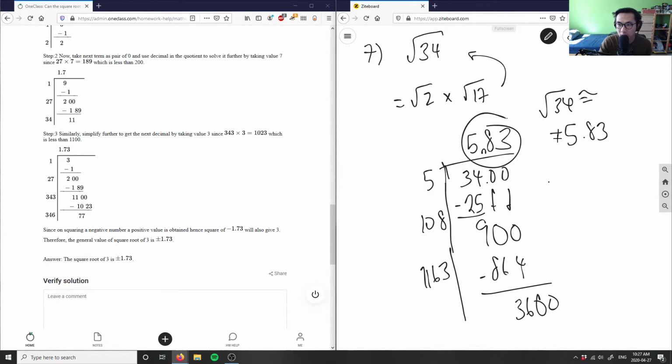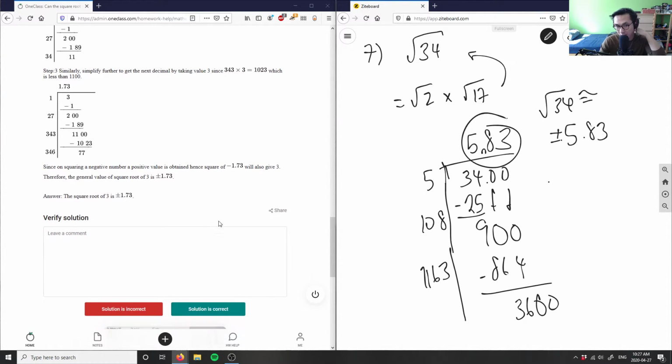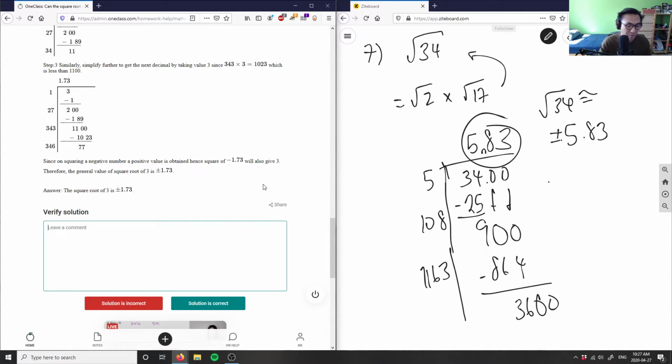So they gave us some solution in terms of what this is in decimals, so technically it's still the correct solution, but I think the student was asking about a simplified radical form rather than an approximation of the square root. If so, the square root of 34 cannot be simplified.